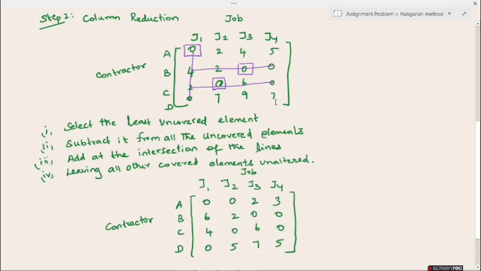So the remaining elements are the same, and this 4 and 2, that is the intersection points, we have to add with the least uncovered. If you add, you will get 4 plus 2, 6, and 2 plus 2, 4. So after this procedure, we have to do the assignment again.